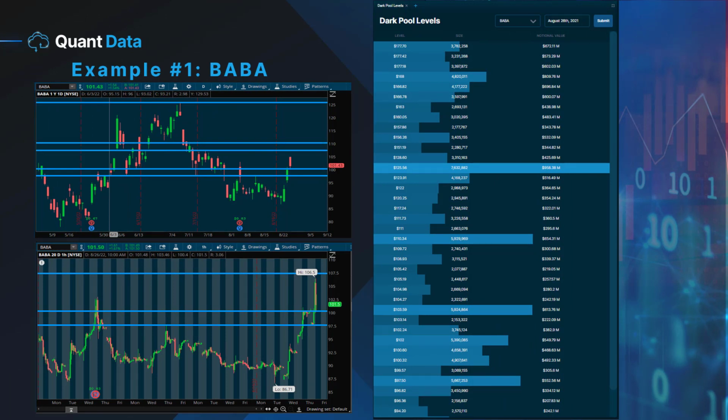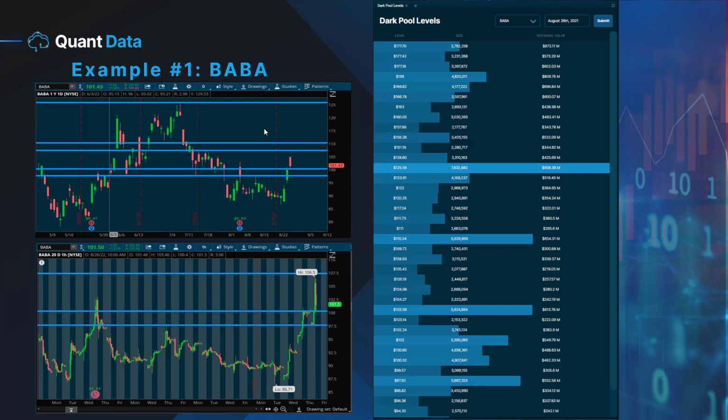On the Quant Data platform, you can look at the aggregated dark pool levels over whatever period you want. In this example, we're looking at the dark pool levels on BABA for the last year. This image is the 1 year, 1 day chart for BABA on the same day that these dark pool levels were pulled up.